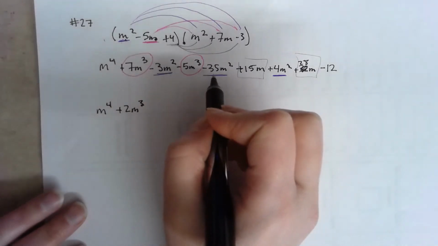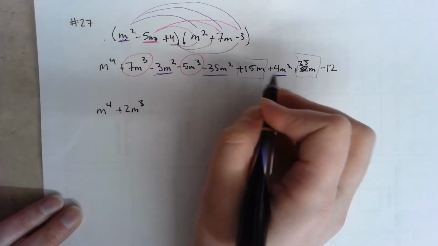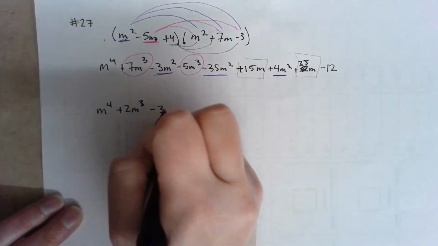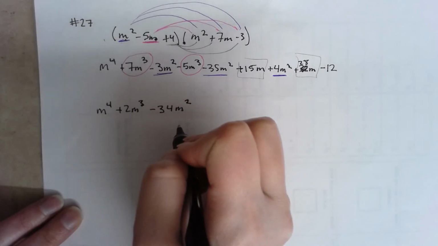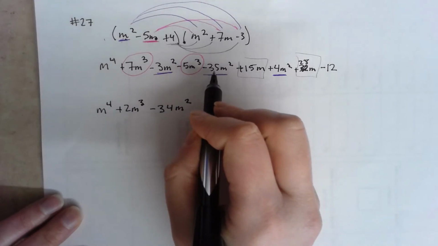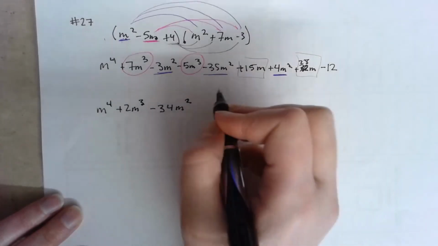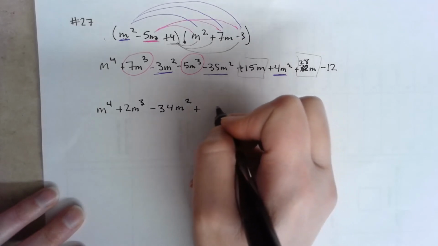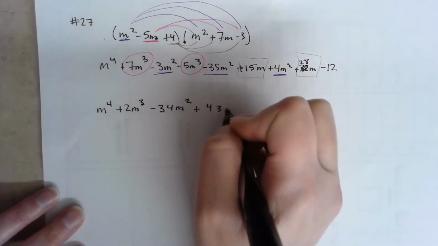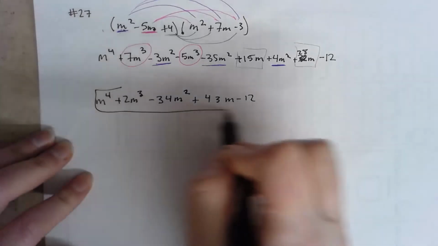Let's see, 35, 36, 37, 38, negative 38. So that should be plus 4, so negative 34m squared. And then 15 and 28 is 43m minus 12. Whew, that one's intense. And that should be our answer.